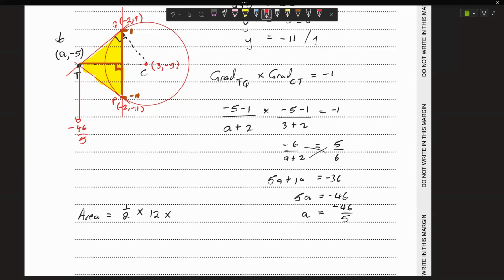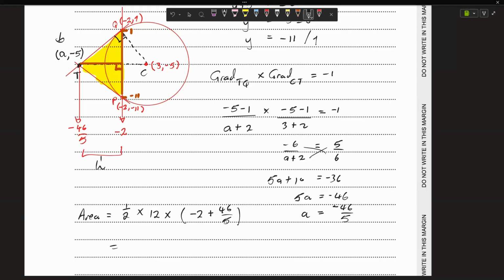We know that from the center, this point here corresponds to -2. So between these two points, the distance is -2 minus this. So let me write that properly. It's just as good as -2 minus, which becomes plus 46 over 5. That's the perpendicular height of the triangle.